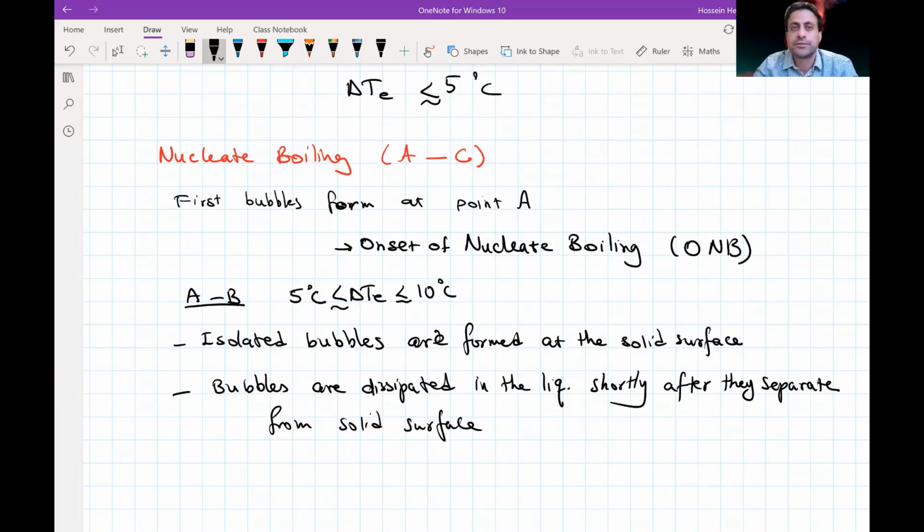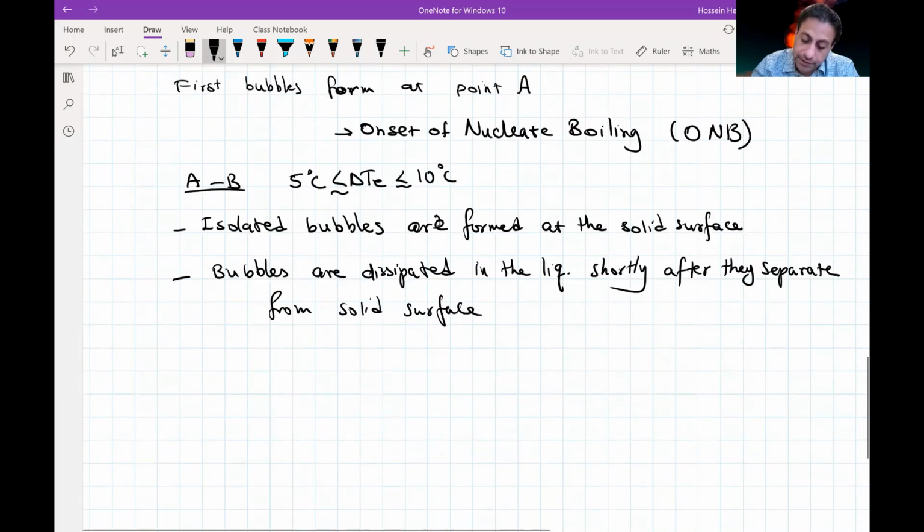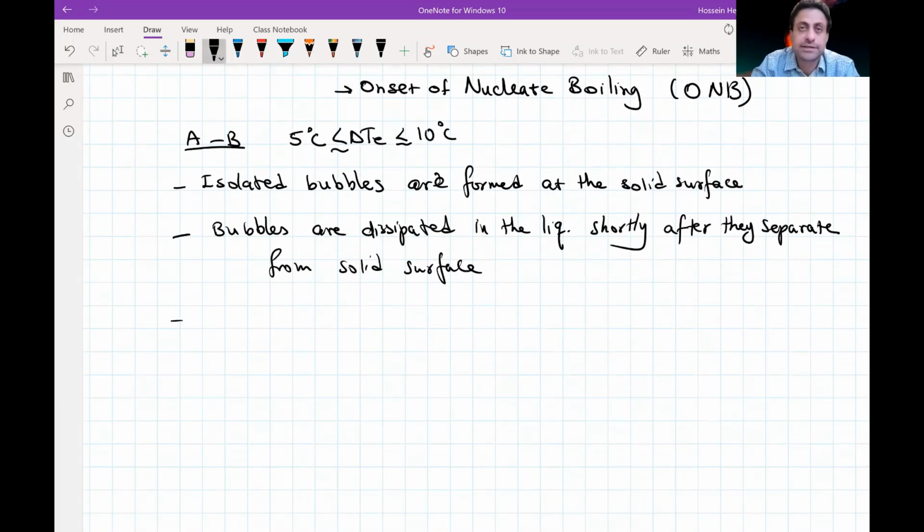So the bubbles are formed, and then they quickly dissipate, and this process creates some stirring and agitation.